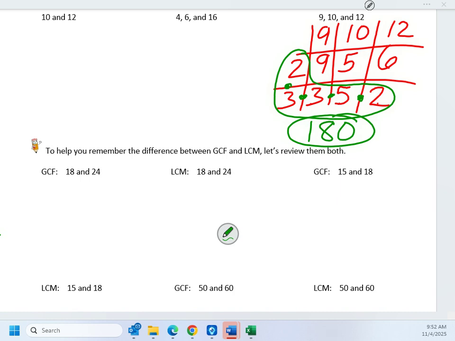This is another one. Oh my goodness, I would have had to have done multiples of 9 all the way up to 180. That's a lot of multiples to have to write out. You can do it, but it's going to be a lot of work writing all those multiples up to 180. The table method saves us a lot of time and saves us a lot of simple mistakes.